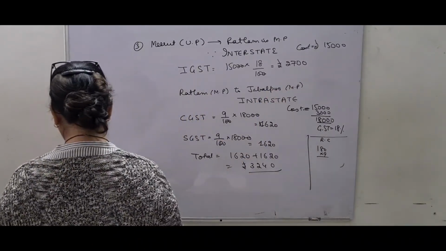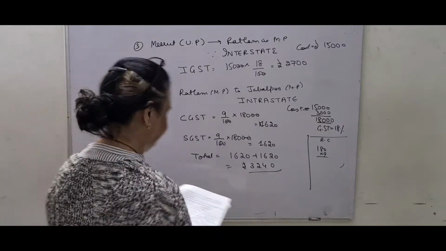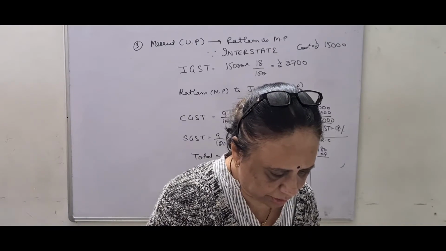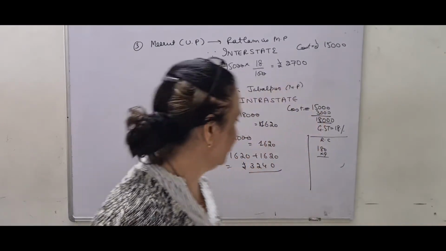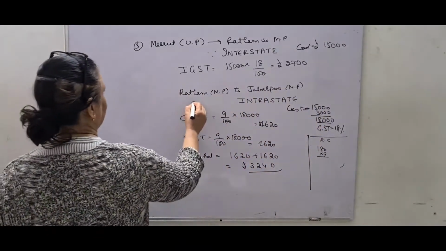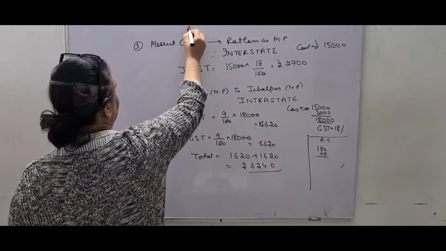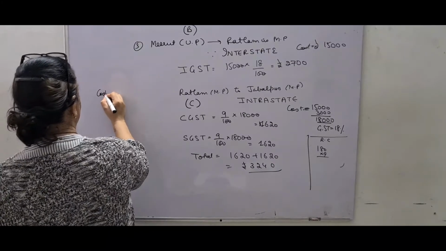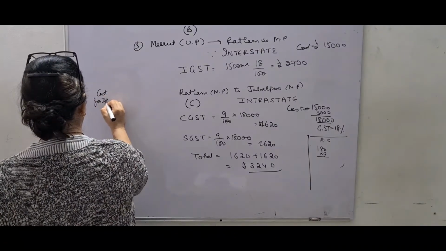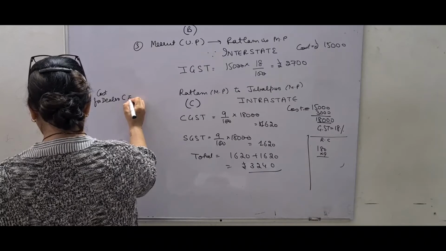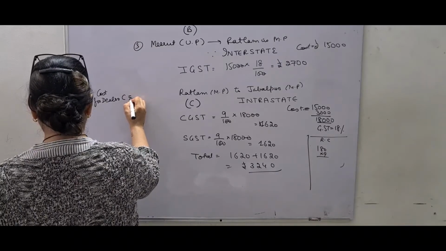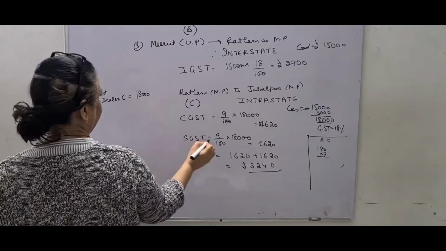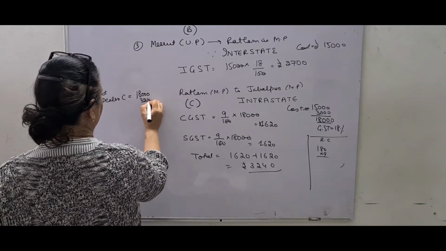Then the question is, what is the cost of good to the dealer C in Jabalpur? So dealer C, that means this one, this is dealer C. If you want to write like this, you can do this also. So I'm writing at the side, cost for dealer C will be equal to 18,000 plus 3240.